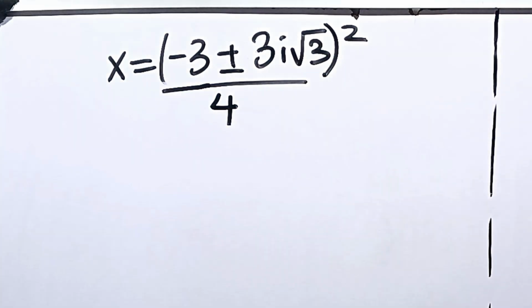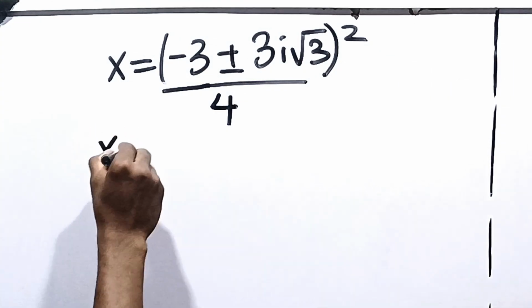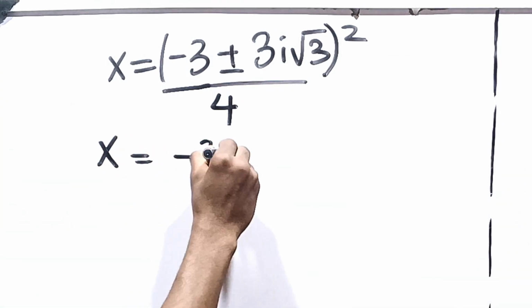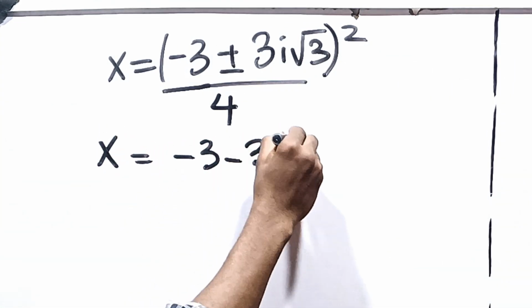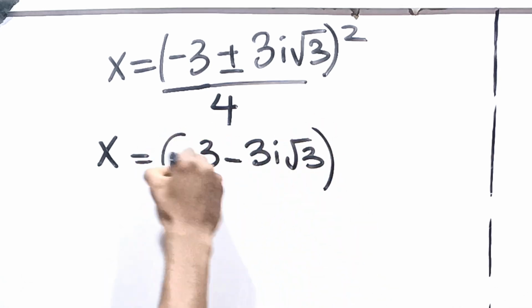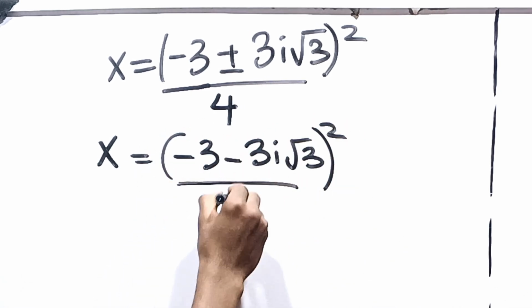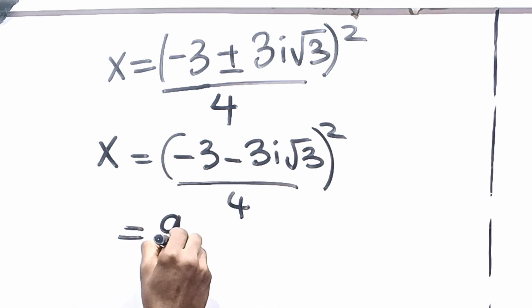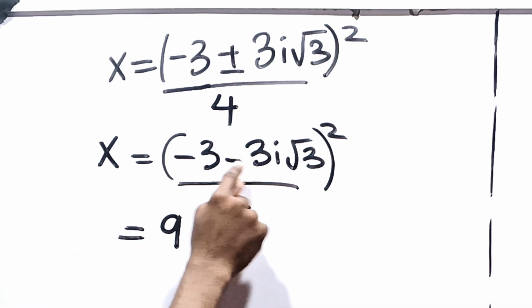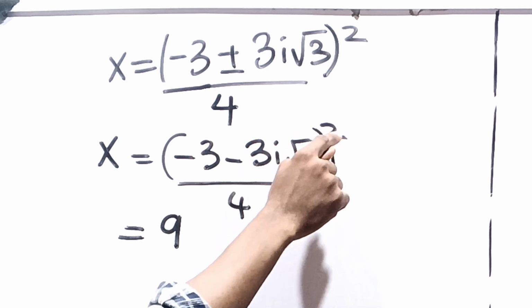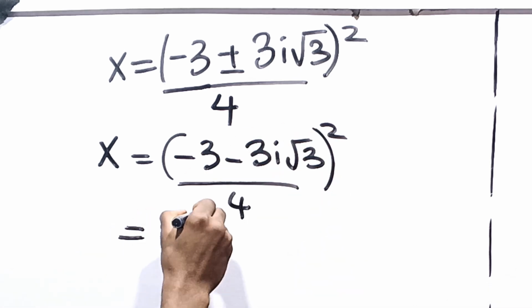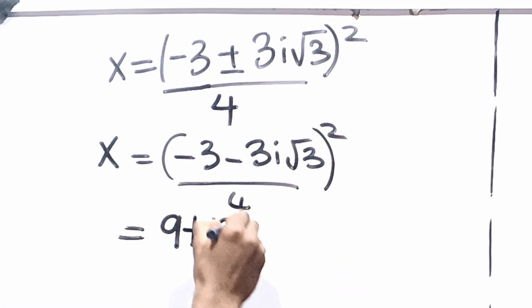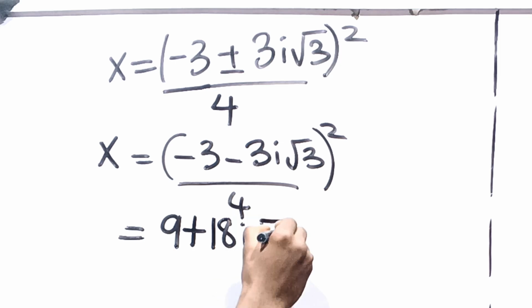For the third value for x, we're going to pick the negative part of this equation. So we have x equal to negative 3 minus 3i root 3, all squared, divided by 4. Negative 3 squared is still 9. Minus 3 times minus 3 is plus 9, times 2 is plus 18, so we have plus 18i root 3.